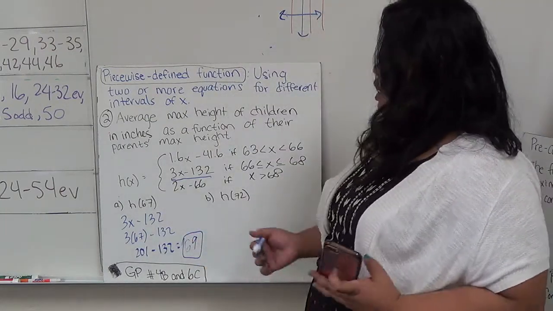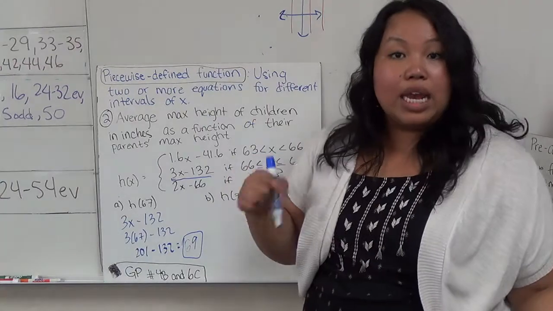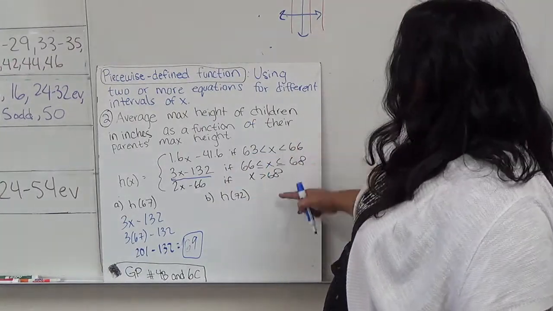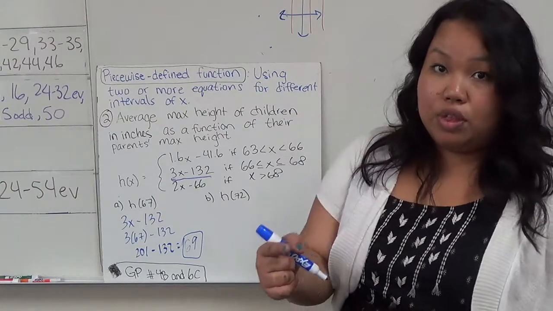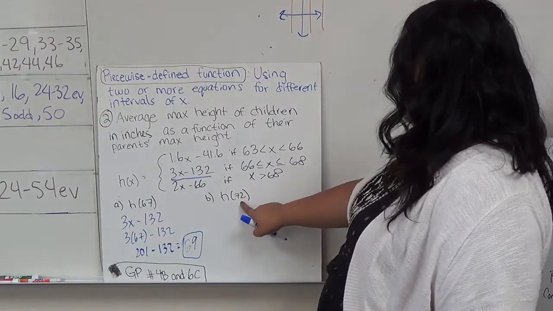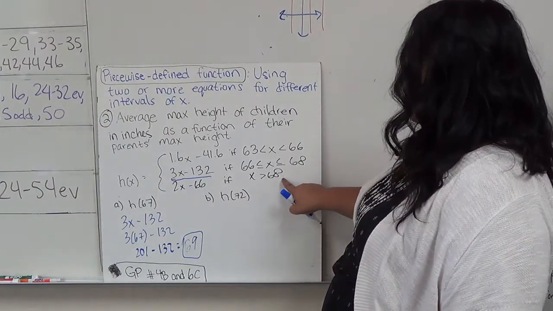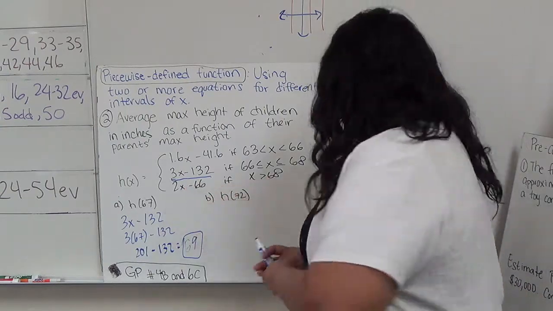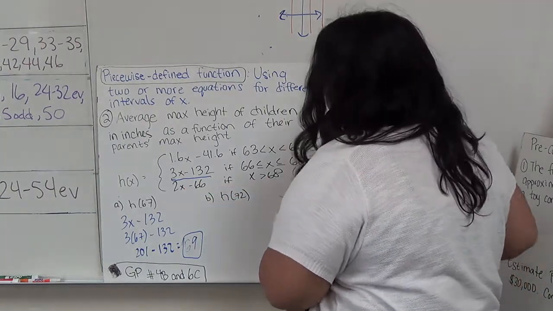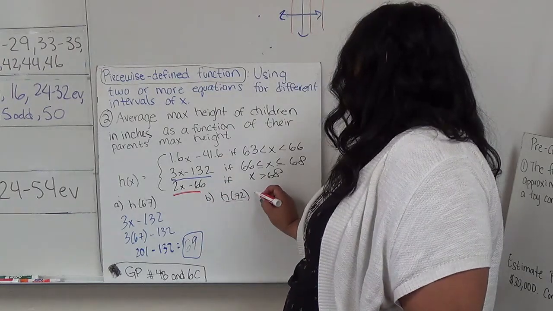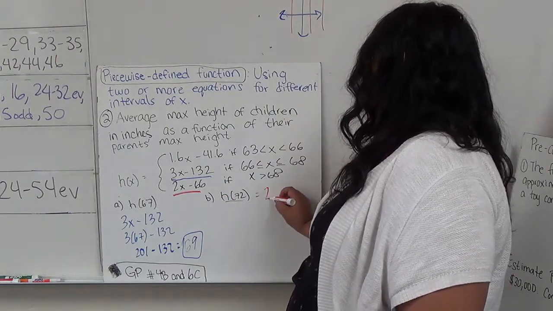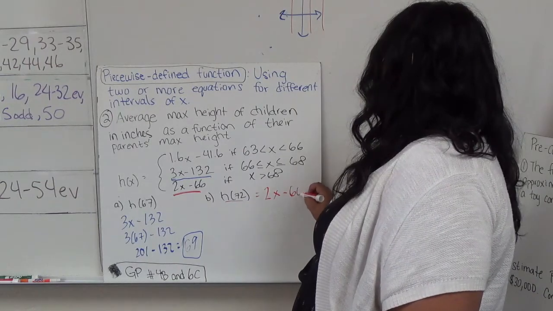Right? So this is actually easier than the others. It's just understanding how to read it. It might confuse you with these three, but you're not using these three all at once. You're figuring out which one of the three you're using. So this one is 72. 72 is greater than this, so we're using this equation for this one. So for h of 72, it's 2x minus 66.